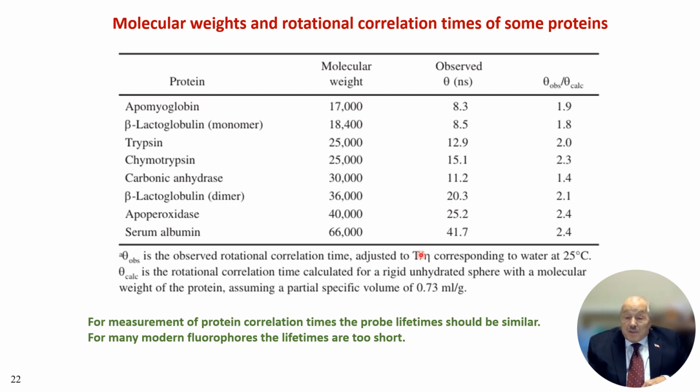But you'll notice something here is that for almost all of these proteins, especially the larger ones, the correlation times are much longer than most of the fluorophores that we use. And that's a problem, because if it's a 4 nanosecond fluorophore, you're not going to be able to measure the anisotropy over much more than, let's say, 3 times 4 nanoseconds.